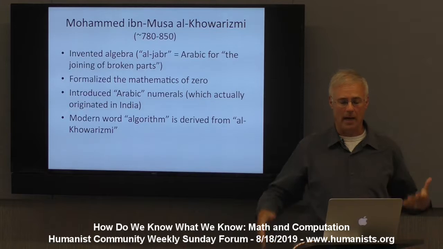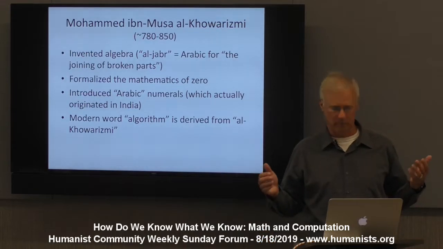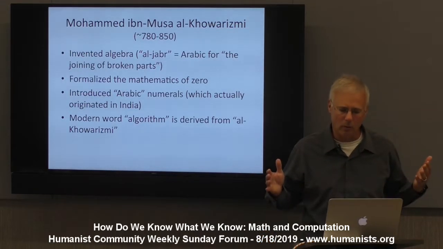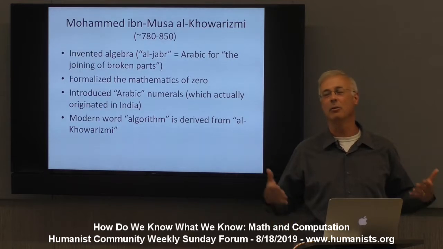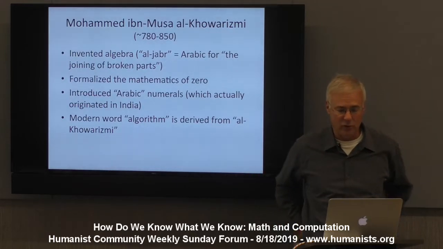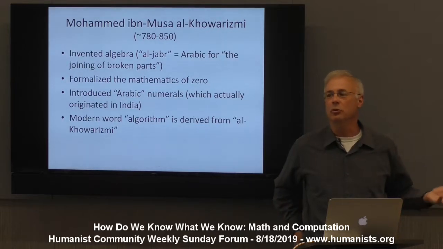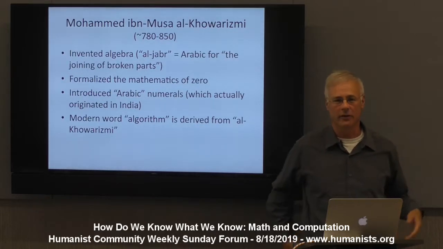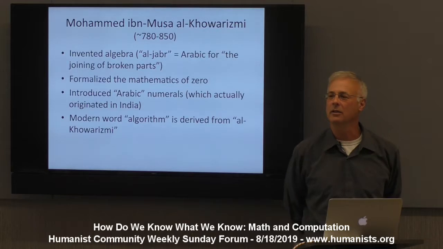And from al-Khwarizmi's name, we get the modern word algorithm. He formalized the mathematics of zeros. He introduced the Arabic numerals, which are now ubiquitous in the world today. So all the numbers that are now in use throughout human civilization were essentially invented by this guy.